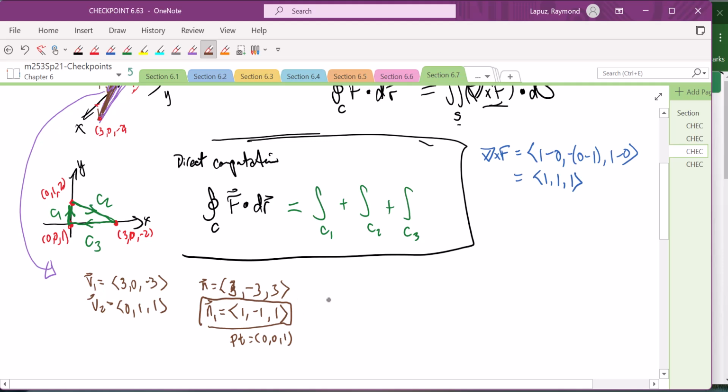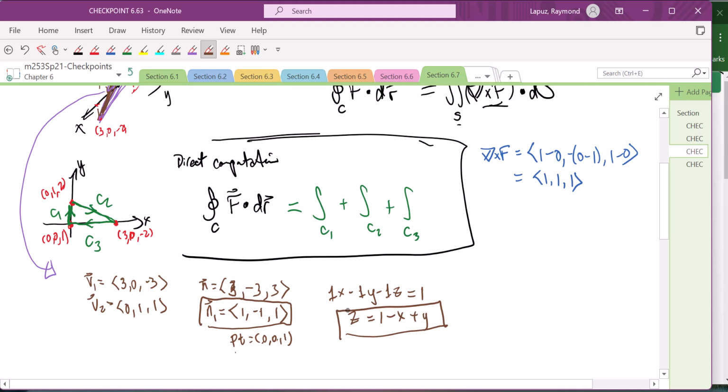To find the equation of a plane, I have 1 times x minus 1 times y minus 1 times z is equal to d, which is a dot product between the point and the normal. So that's 0 times 0 times 1. So I have z is equal to 1 minus x minus negative, so that's a plus y. So that's the plane that I have.